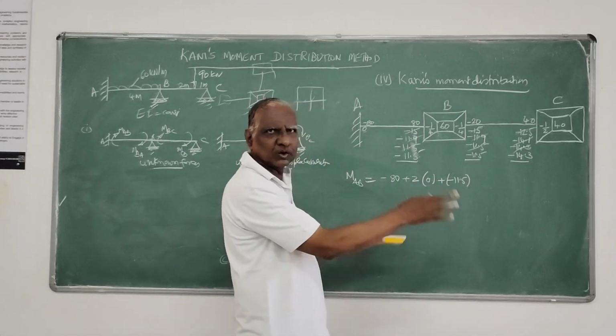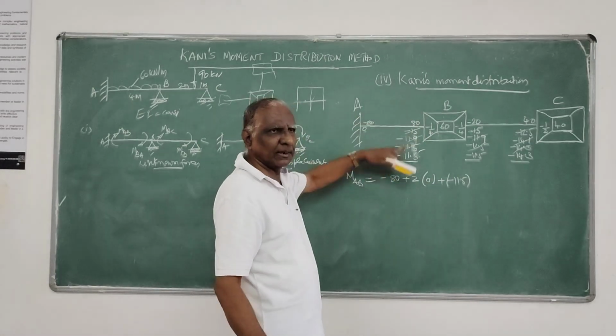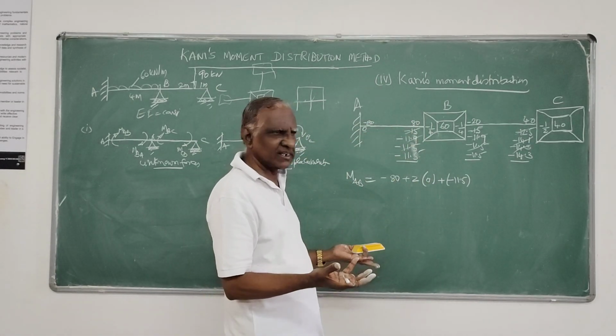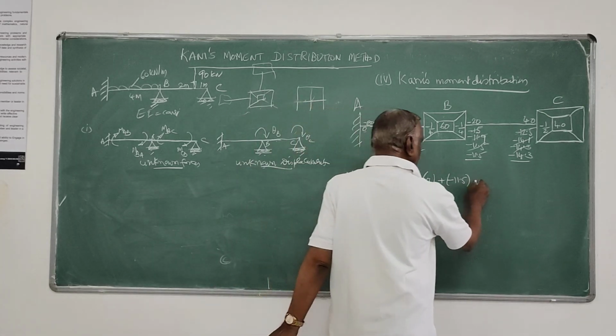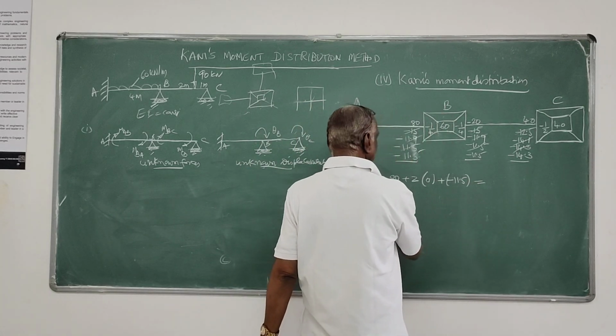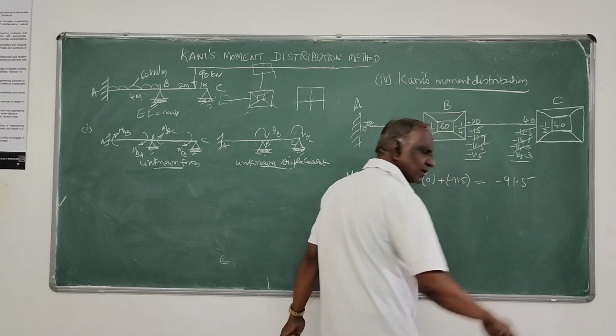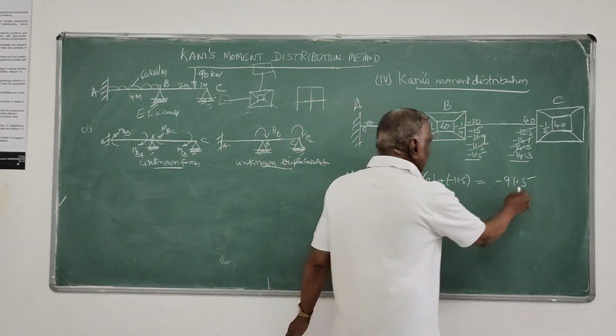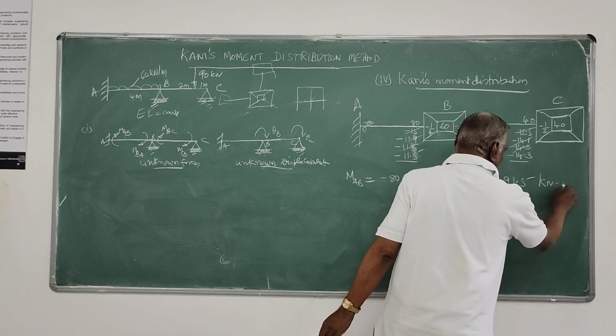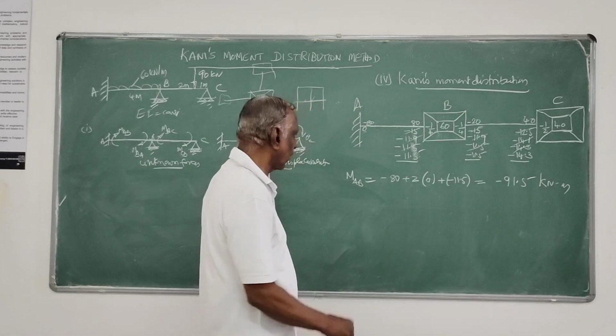Then sway contribution for AB. AB is not undergoing any sway, that is 0. So this will be minus 80 minus 7.5, that is minus 91.5 kilonewton meter. That's the moment you got.